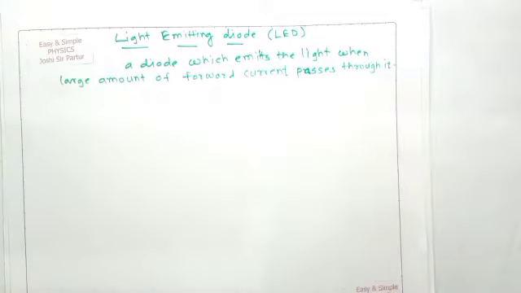Means when a large amount of forward current passes through a diode, the diode can emit light. That is said to be a light emitting diode.